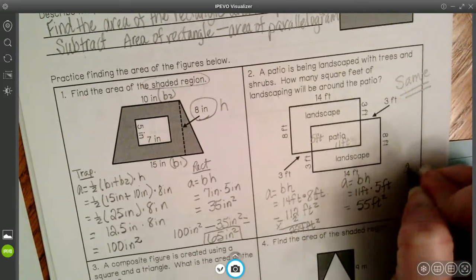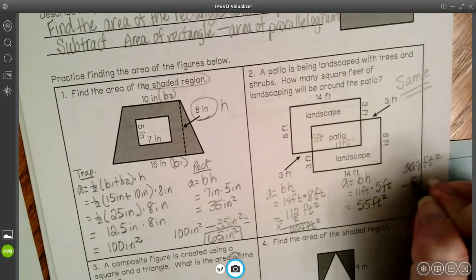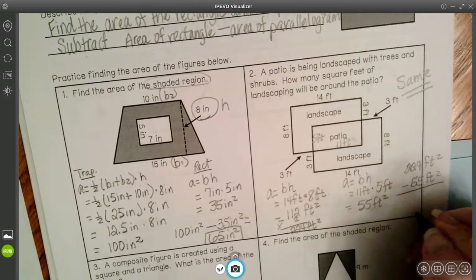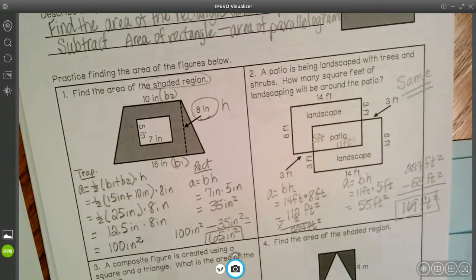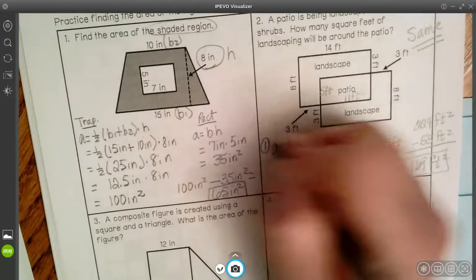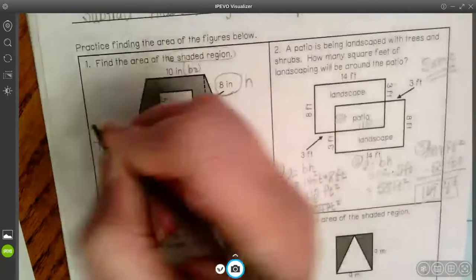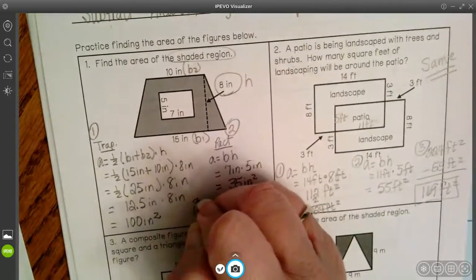So we've got our 224 feet squared minus our 55 feet squared equals 169 feet squared. Okay, so there's our total on that one. So this is step 1, step 2, step 3.